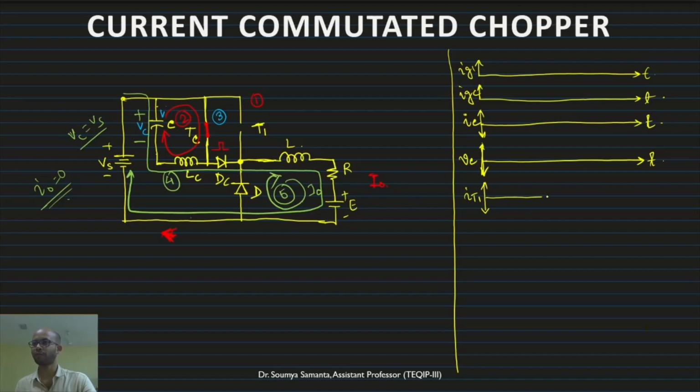These are the major waveforms we have to understand. The rest I have drawn in the previous lecture; similarly, you can draw the other parts. This is basically VT1, ITC and VTC. These are the important parts we have to first understand. This will explain the total operation.